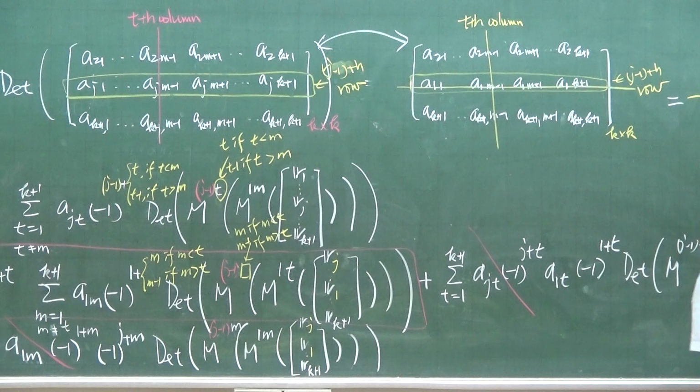Alright. So that this is minus, as I mentioned, a_{j,t minus 1 plus t}. Okay, and here will be determinants of m, 1 t, j, 1, k plus 1. Yeah, okay.